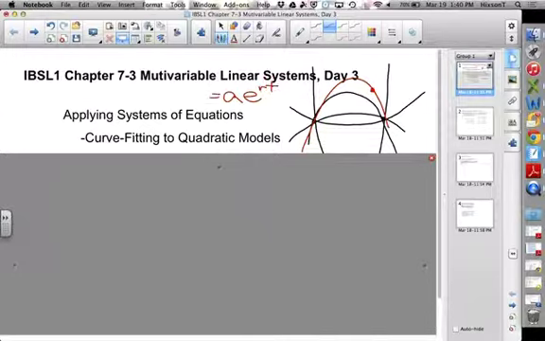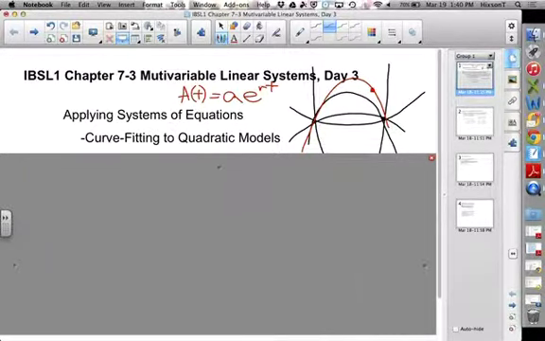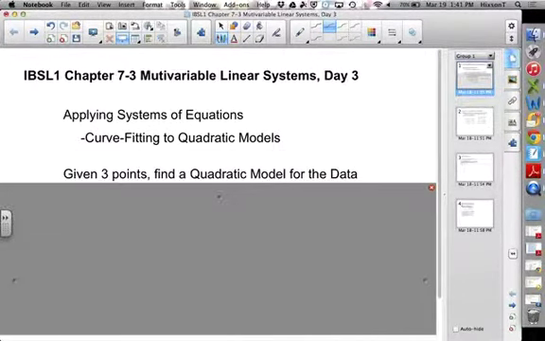The amount at time t equals a times e to the rt. Again, you only have 2 variables really here, a and r, our rate and our starting amount. And believe it or not, you guys actually did this earlier in the year to some extent. We didn't really present it as solving a system of equations, but that's really what you were doing. But anyways, we're going to look at specifically solving quadratic models.